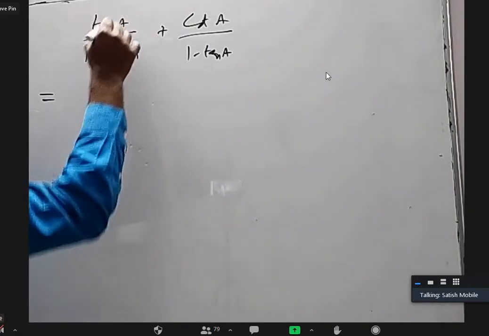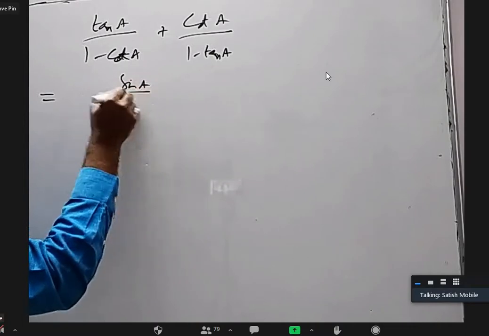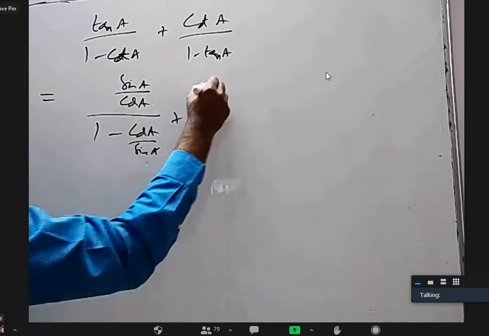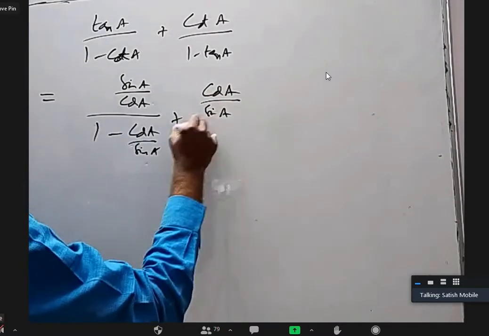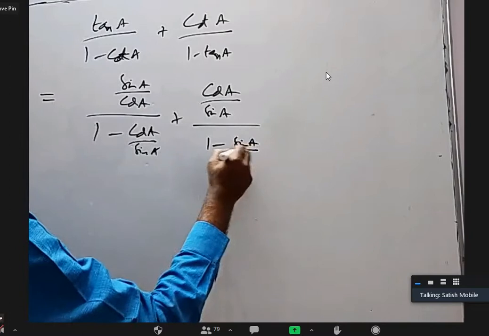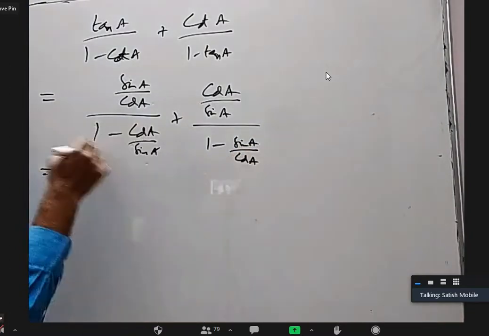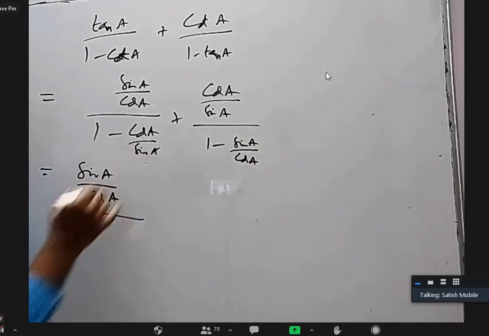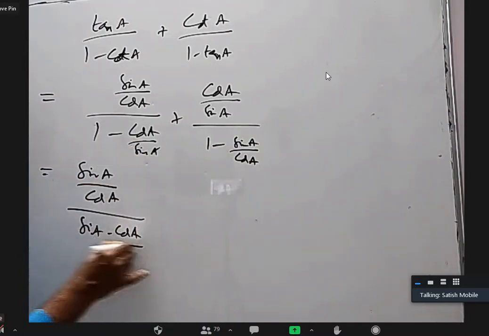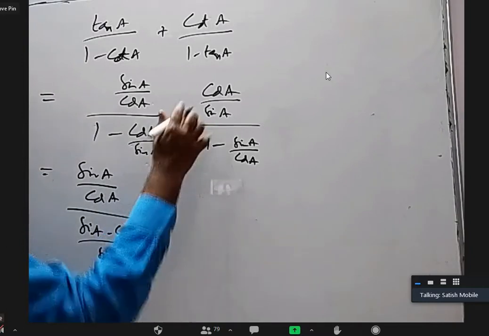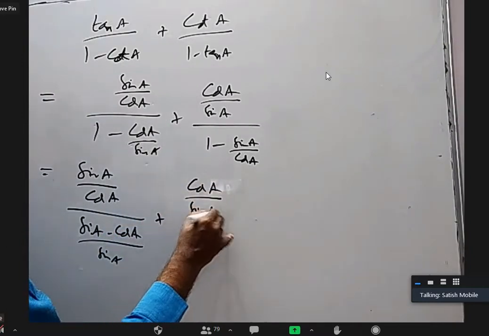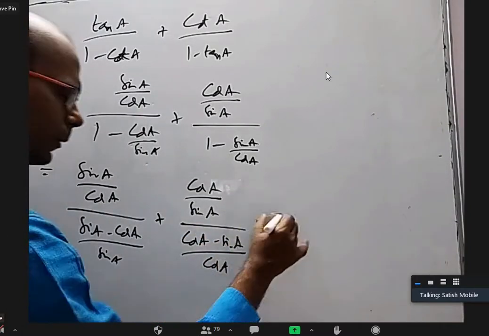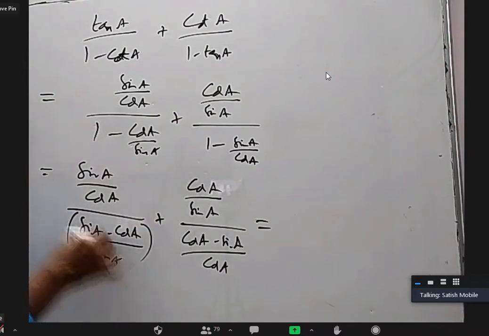I would like to go for writing sin by cos. Tan A I can write sin A by cos A. Cot A I can write cos A by sin A. This is cos A by sin A, and by tan A is sin A by cos A. So when I take LCM here, this is sin A by cos A, this is sin A minus cos A by sin A. This one, cos A by sin A by cos A minus sin A by cos A. Okay, this is one fraction, this is another fraction.